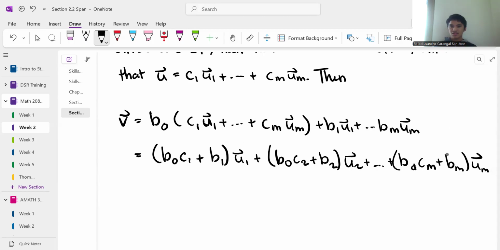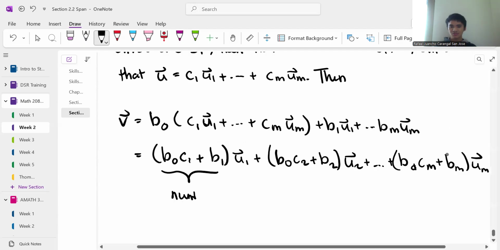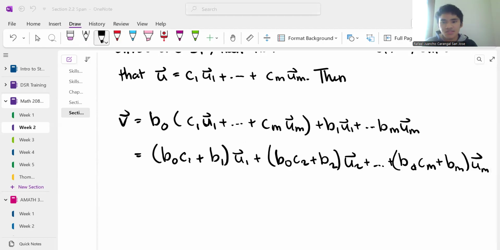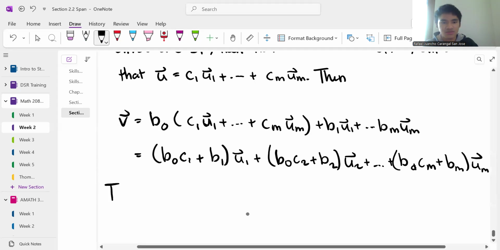Okay, what does this tell us? These are just numbers. All of these are numbers. Here we can see that V can be written as a linear combination of U sub 1 to M. That still doesn't tell us that the spans are equal. Here's the catch.